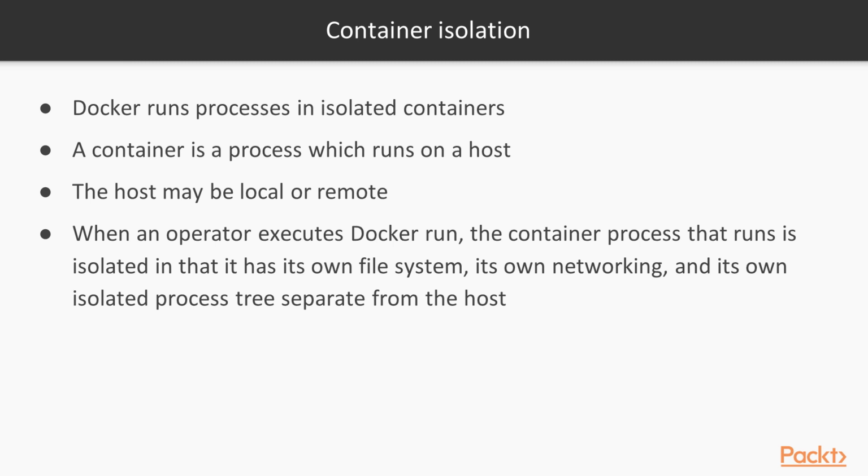This is a very important concept for us because you have to keep in mind every time you run Docker run, your container is going to have its own file system, its own network, and the process tree will be isolated from the host. But we are going to discuss this more in further parts of our course.